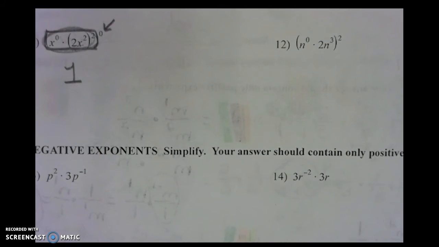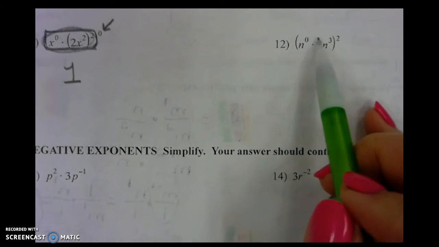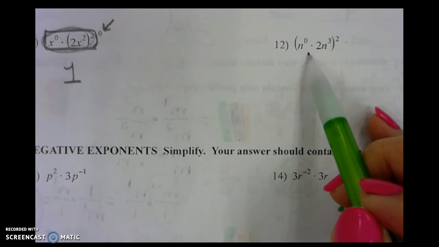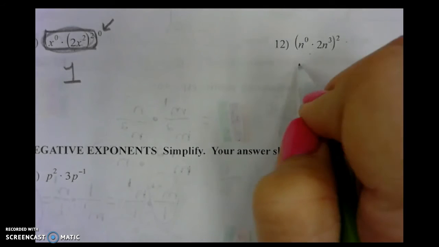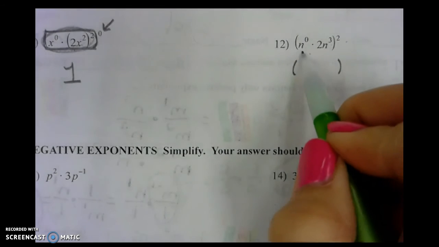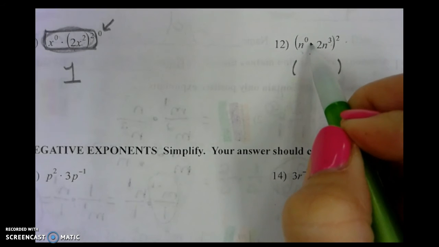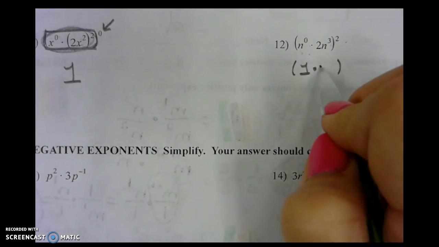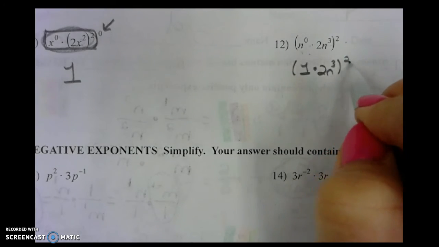That is not the case for number 12 because everything in the parentheses is being squared. So we're going to start inside the parentheses first. I've got n to the 0, which any base with an exponent of 0 becomes 1. And then I've got 2n to the third, and that'll be squared.